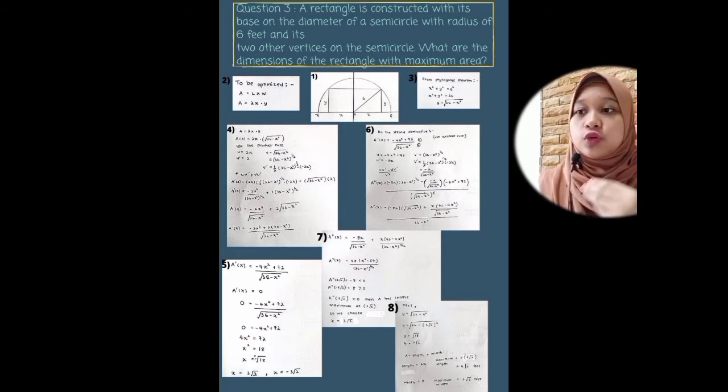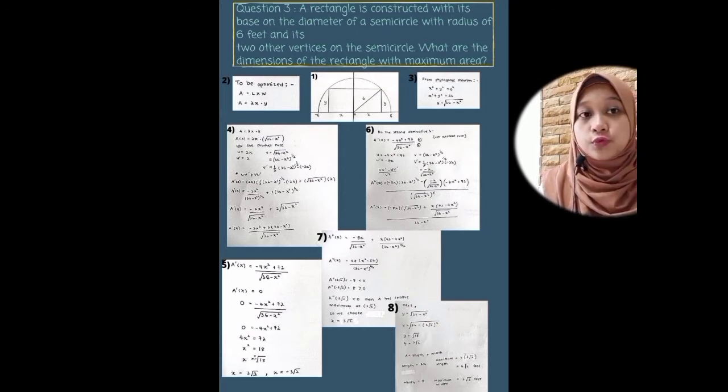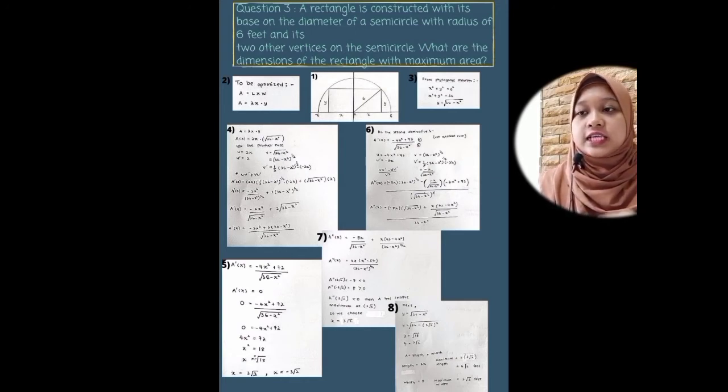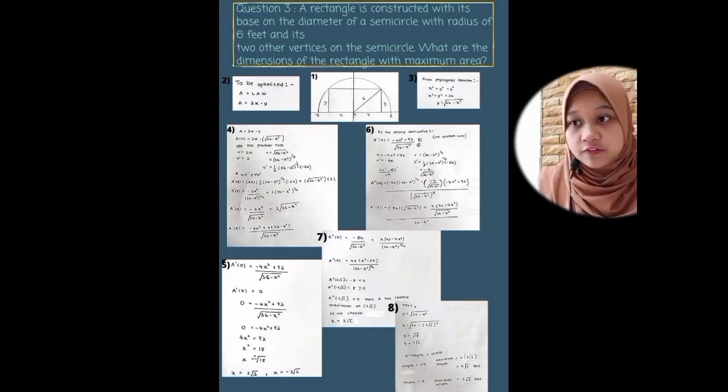After that, we do the second derivative. Why do we do the second derivative? It is because the equation is set at a maximum area, so which x do we want to choose, the positive one or the negative one? So we do the second derivative by the quotient rule.